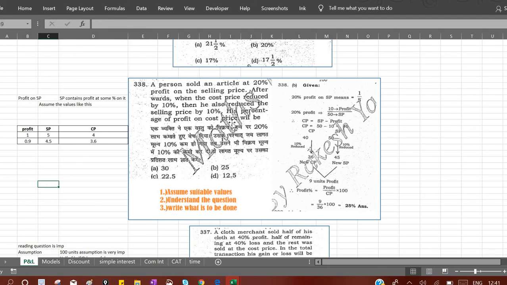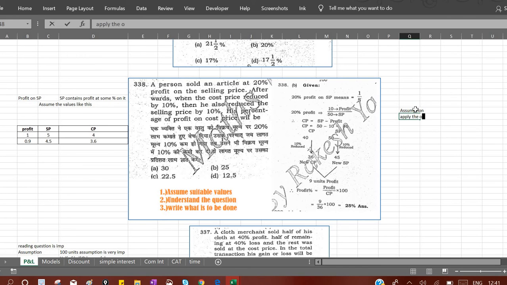This is a wonderful problem. Again, this is an approach of using numbers. He said with this much profit, 20% profit is there. Now we have to assume values, so we have to convert this profit into ratio and then we will assume the values, and then the first step is assumption of values and then apply the conditions.